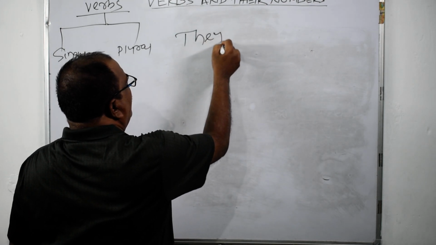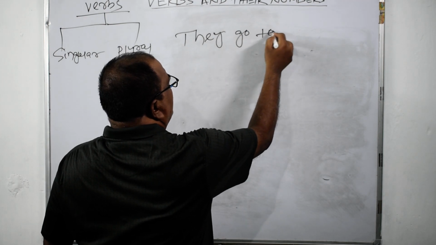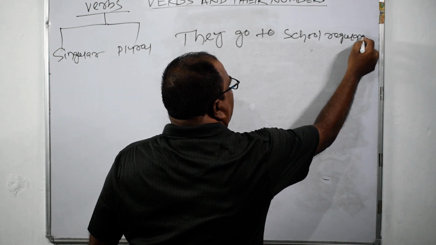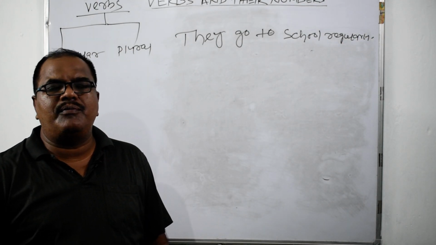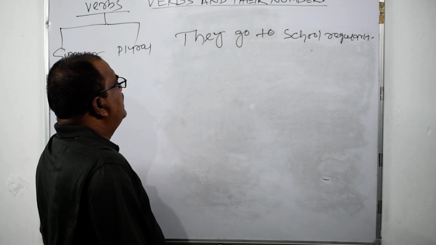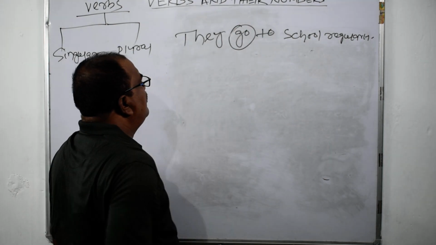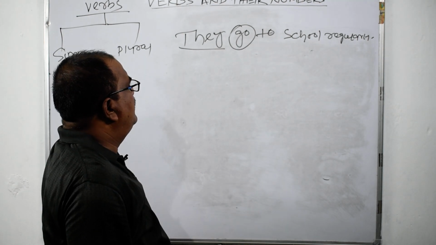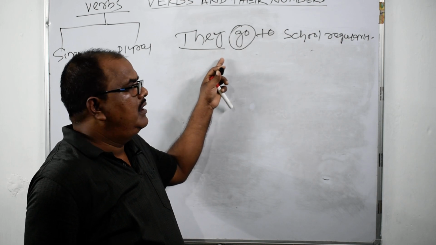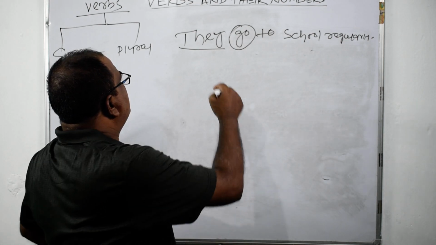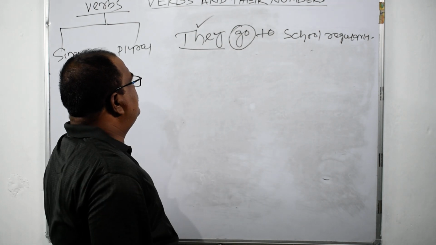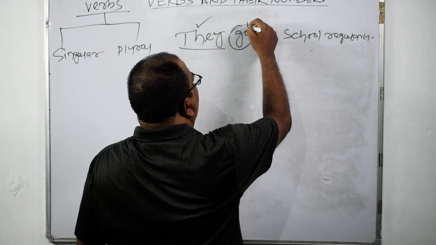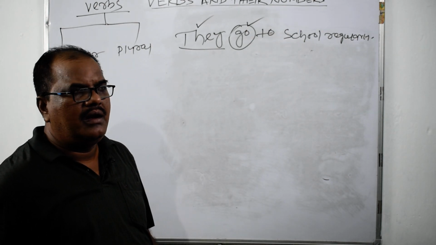They go to school regularly. Look at the sentence very carefully. Here the verb is go and the subject is they. From this example, it is very clear that when the subject becomes plural, the verb also becomes plural.